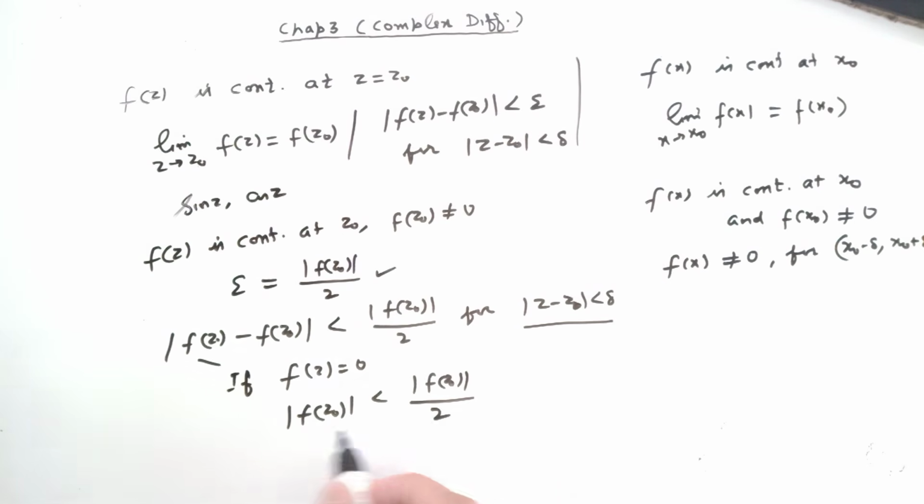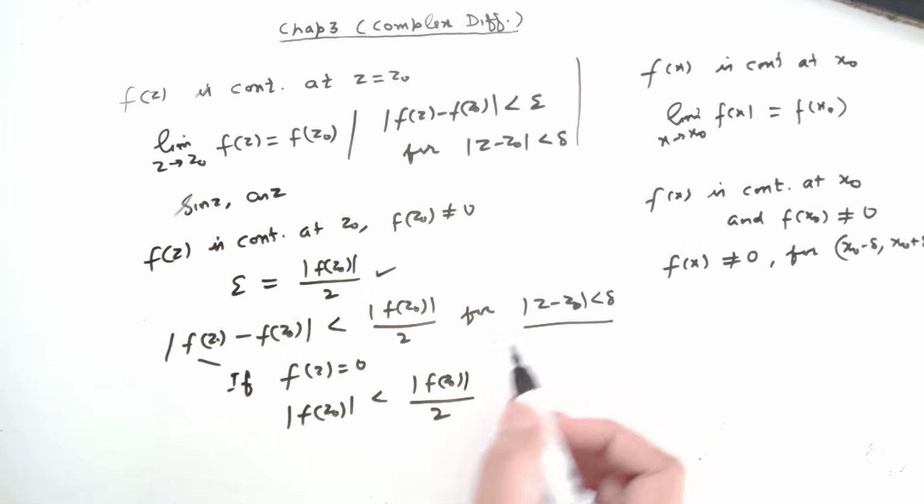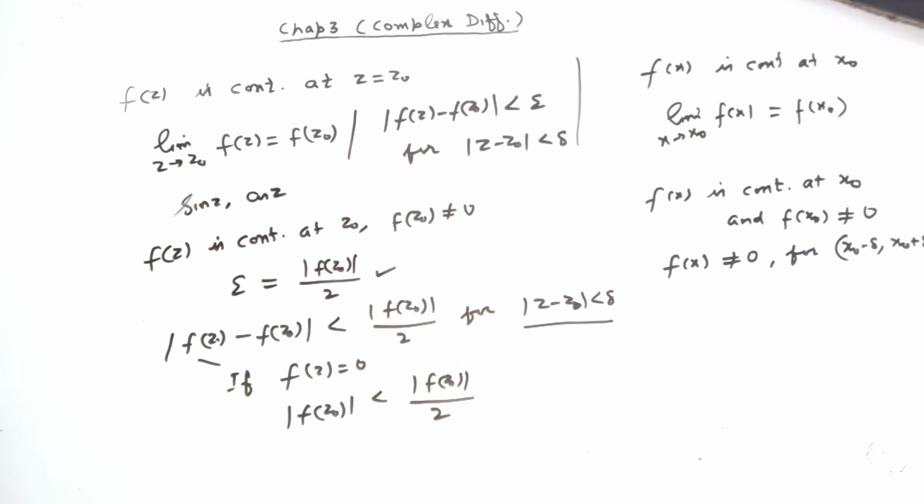This is not true. This cannot be less than this. It means in this whole neighborhood, the function f(z) is non-zero. Clear? So you see that result holds in complex case also.